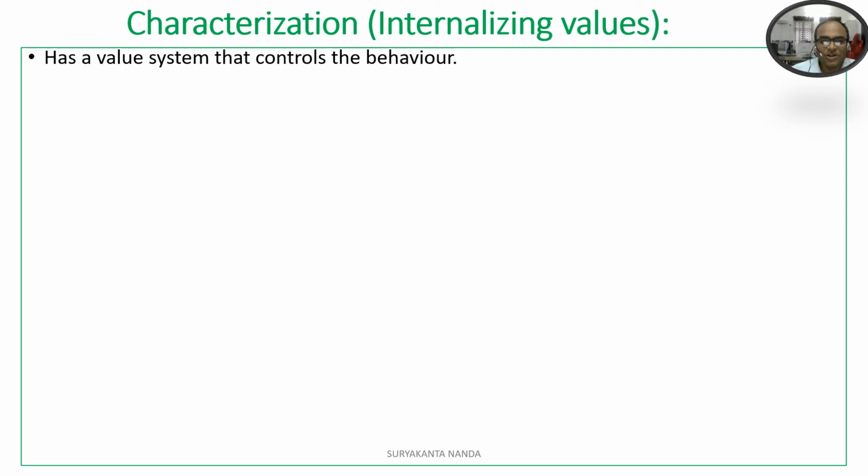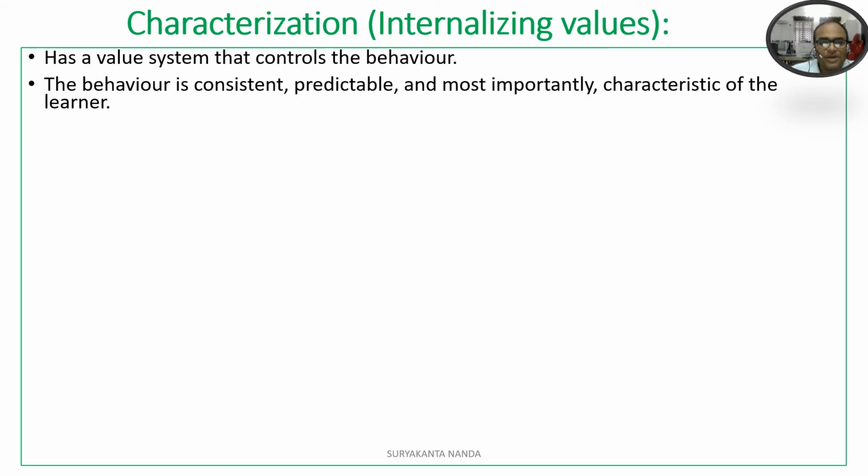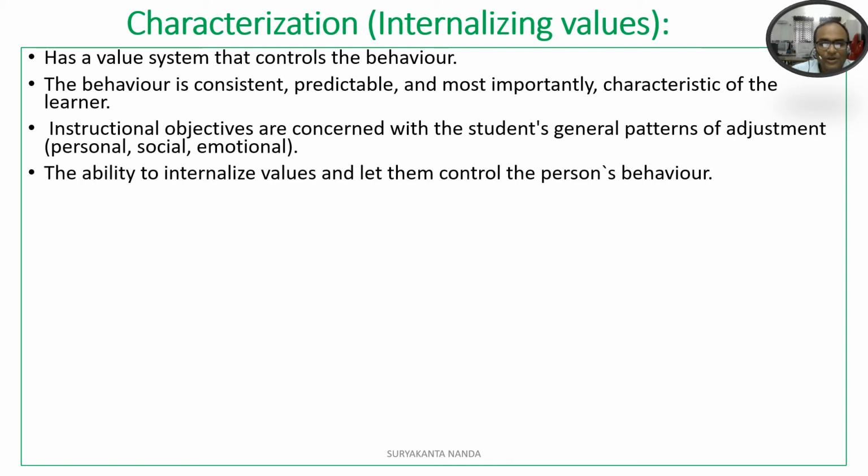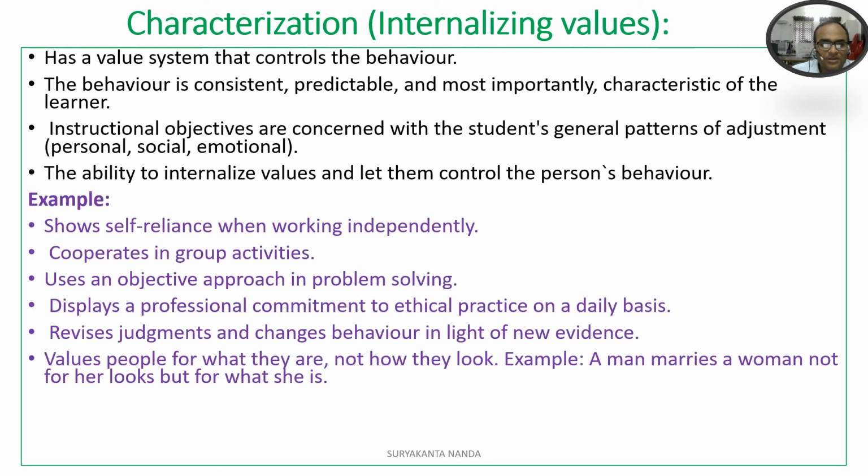It is a value system that controls the behavior. The behavior is consistent, predictable, and most importantly, characteristic of the learner. Instructional objectives are concerned with the student's general patterns of adjustment, that is personal, social, and emotional. It is the ability to internalize values and let them control the person's behavior.